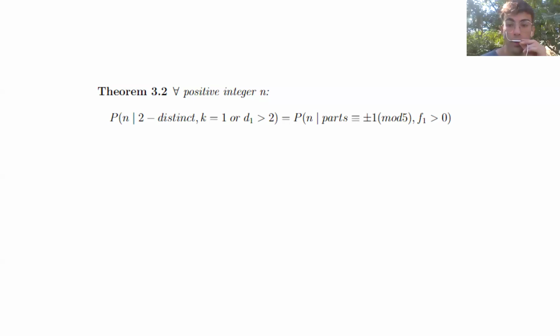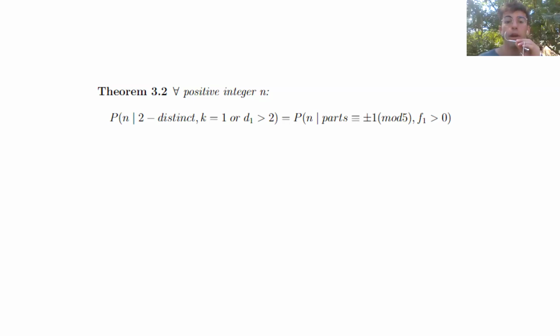And on the right-hand side, parts are congruent to minus or plus 1 modulo 5, but there's an extra condition: f1 is greater than 0. It means you have to use at least one part which is 1.